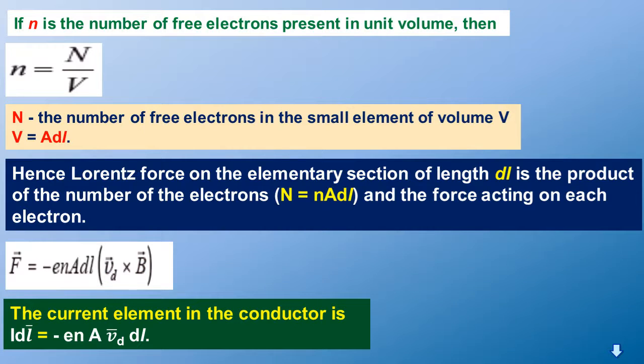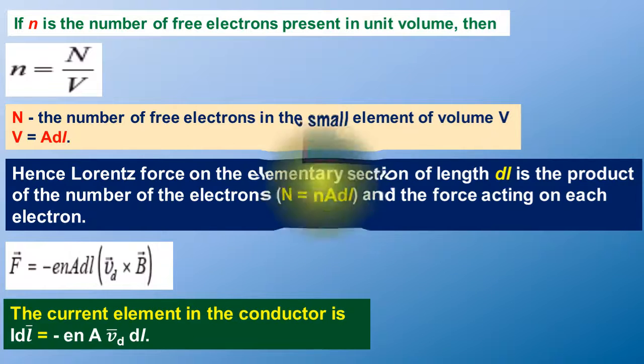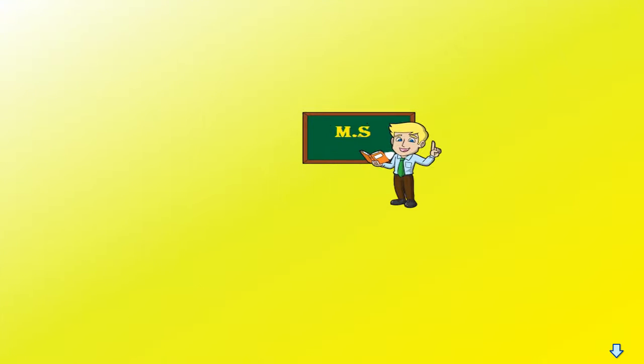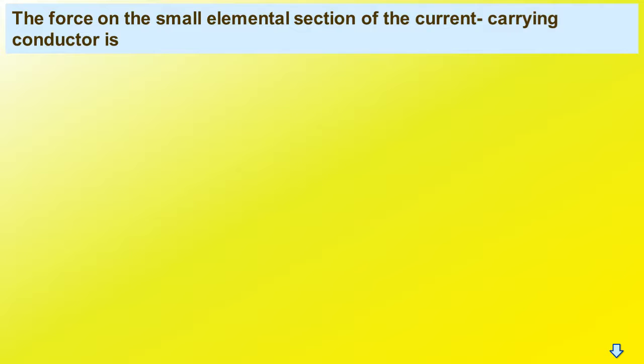Therefore, the current element in the conductor is Idl is equal to minus enAVd dl. We substitute this value from the current element in the conductor.